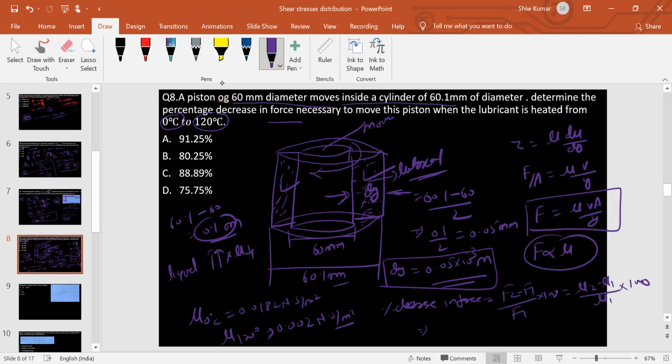If you substitute the values, that is (0.002 minus 0.0182) divided by 0.0182 into 100, you will get approximately minus 88.68%. This corresponds to option C, and the minus indicates a decrease in the force.